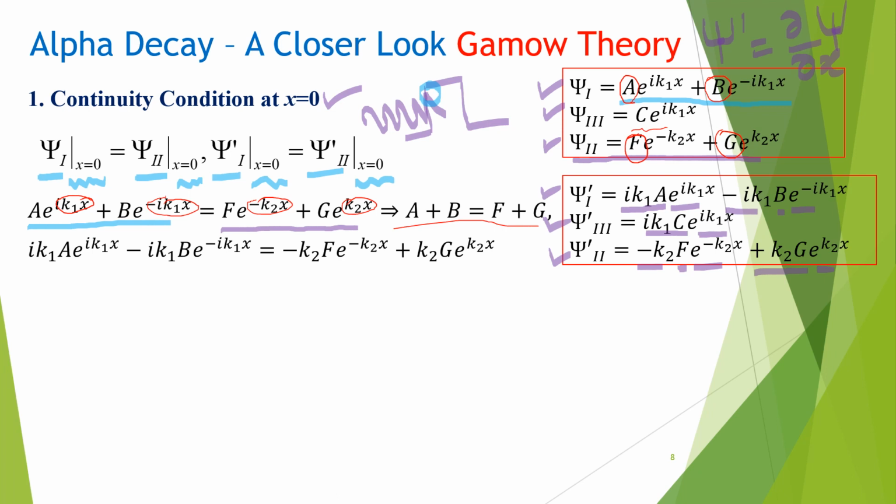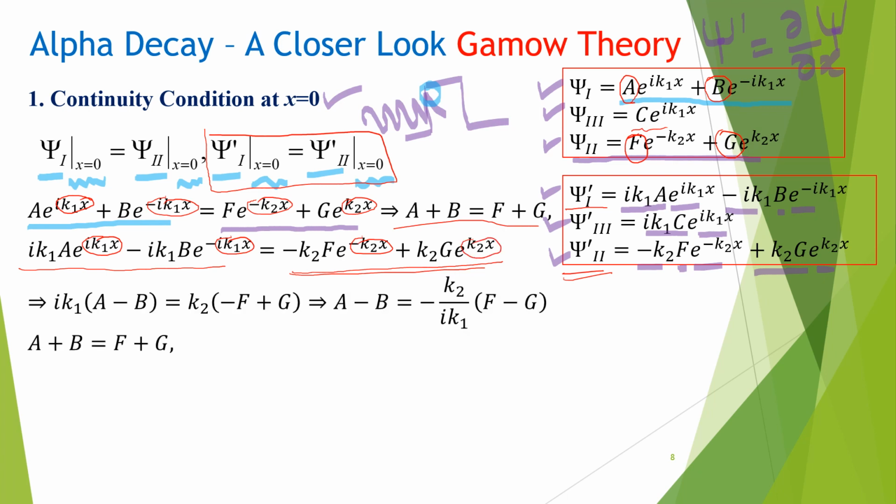Now the second condition I want to impose is that psi1 dash is equal to psi2 dash at x equal to 0. So here I have already written psi1 dash that I am writing here, and psi2 dash I am writing here. In addition to this, I want to plug in x equal to 0. So e to the 0 is 1, and every e to the 0 will be 1.